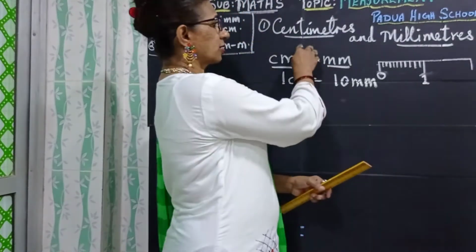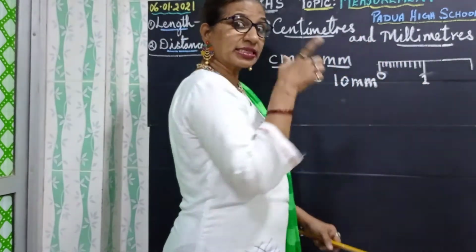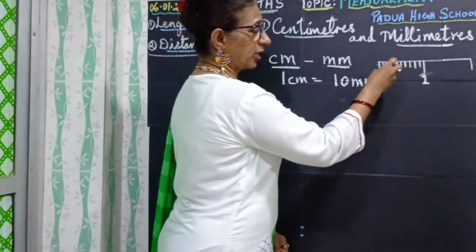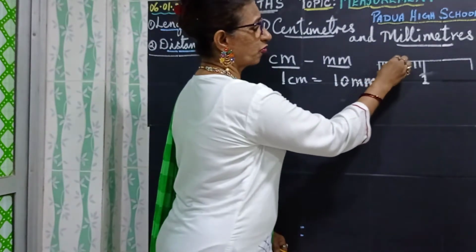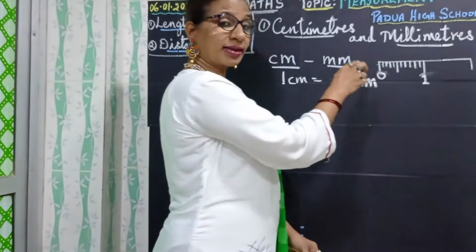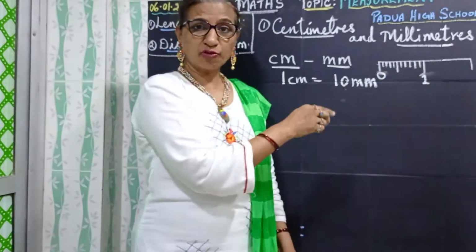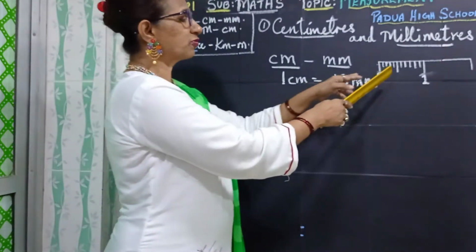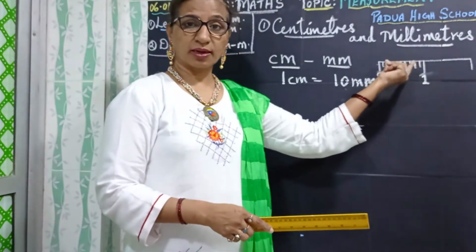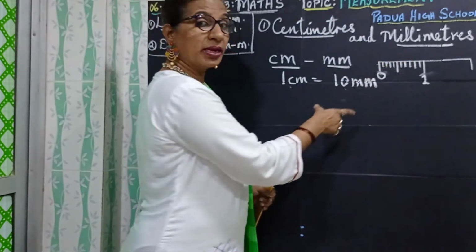So 1 centimeter means this 0 to 1 is 1 centimeter, and the 10 lines in between, 1 2 3 4 5, 6 7 8 9 10, are millimeters. Have you followed, children? So from 0 to 1 you have 10 millimeters. Understand? So 1 centimeter is equal to 10 millimeters.